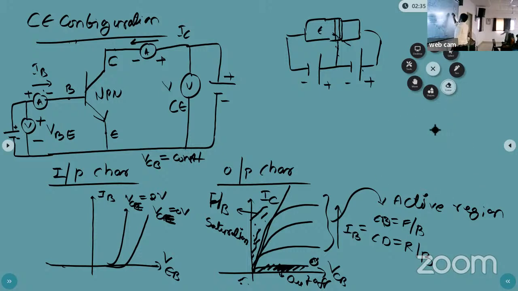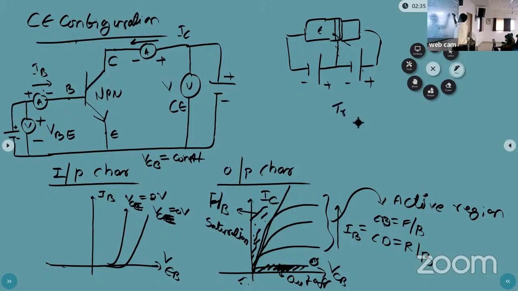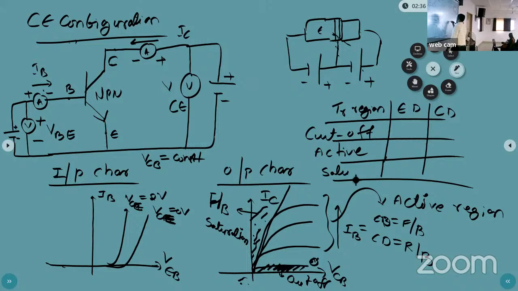Now tell me the three regions. The first one is the cutoff region, then the active region, and the saturation region.